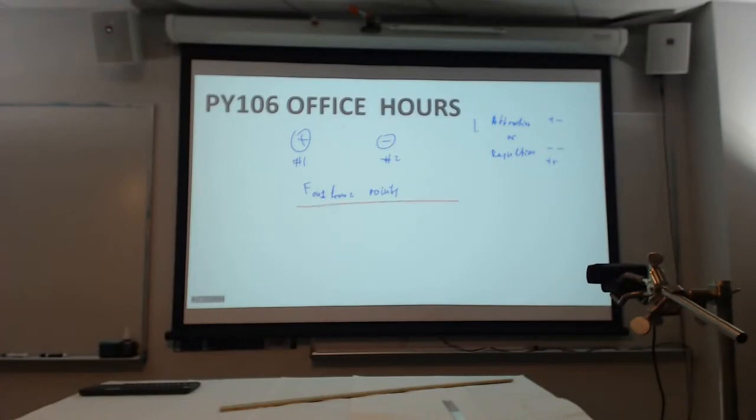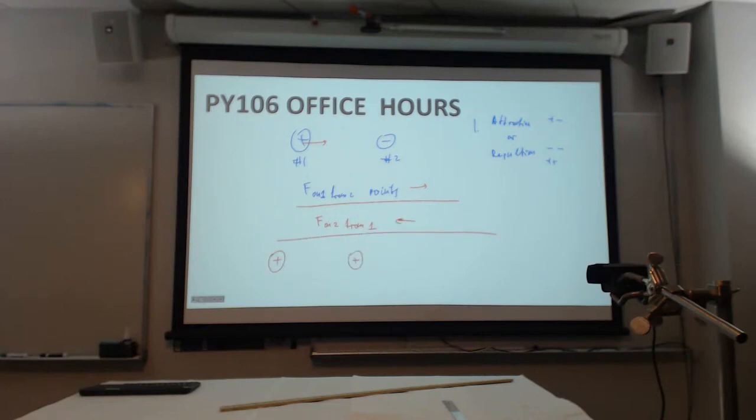Okay. So what is the direction of a force acting on the charge number 1 from the charge number 2? To the right. Now, what is the direction of a force acting on the charge number 2 from the charge number 1? Left.